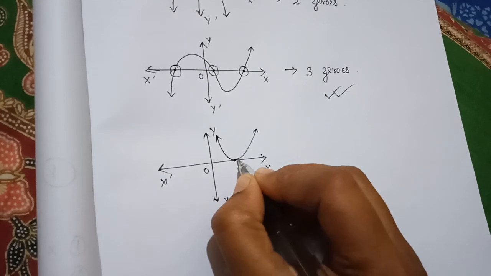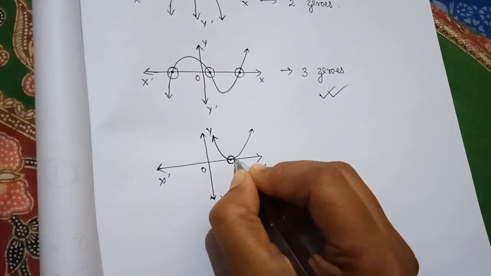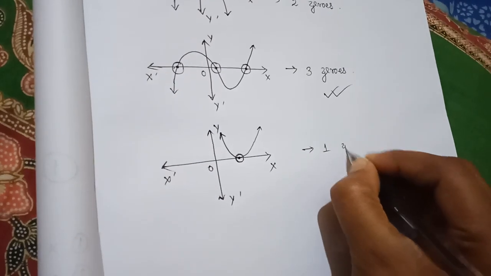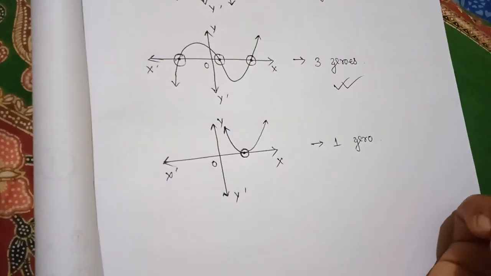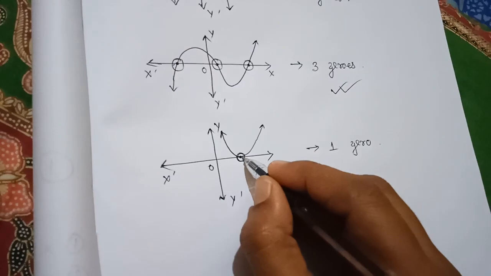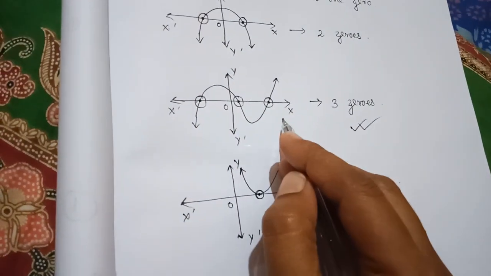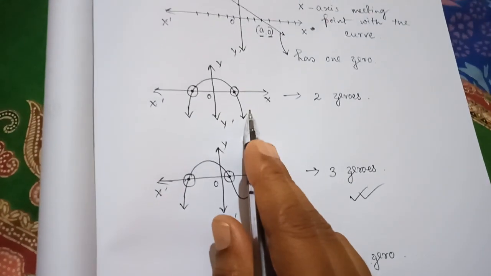Touching means meeting point is only one. So this obviously has 1 zero. One meeting point, 1 zero. Three meeting points, 3 zeros. Two meeting points, 2 zeros.